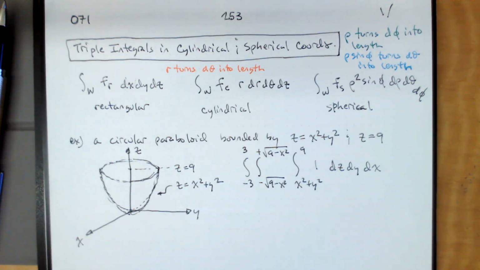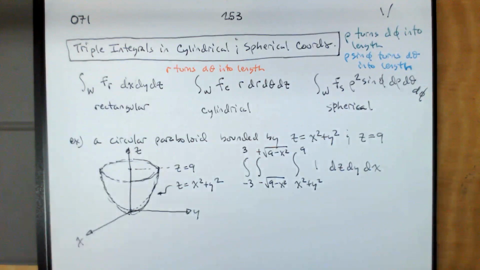What we want to do today is recalculate the volume, but instead start by writing a triple integral in cylindrical coordinates.